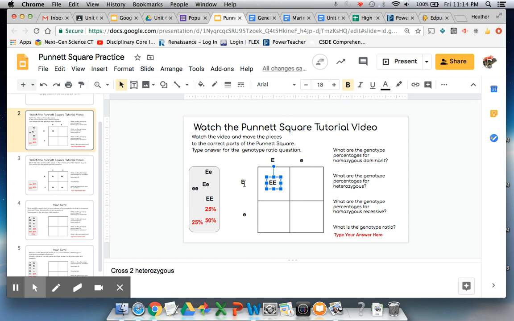Anyway, so we would put this in here. You take your dominant allele and cross it with your recessive allele, and that would be the results for that box. You take this dominant allele, put it here, and bring this recessive allele over, and you would get heterozygous.